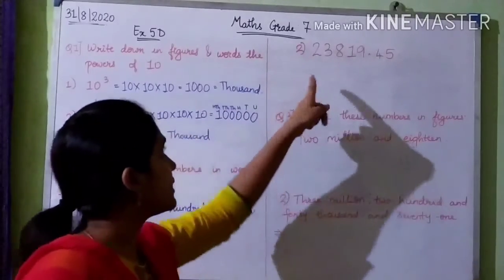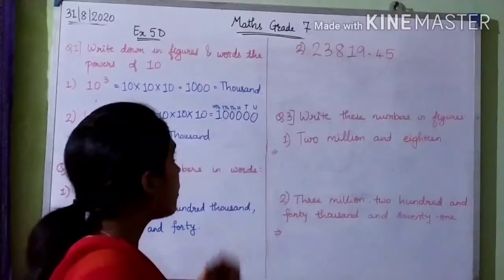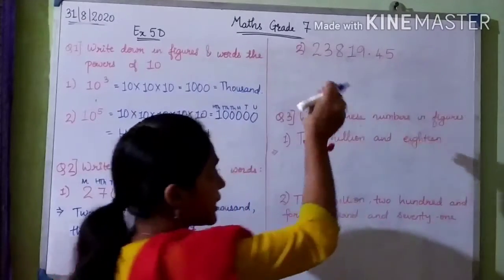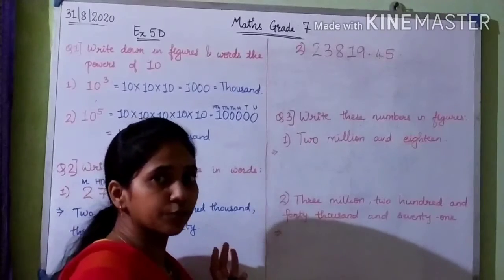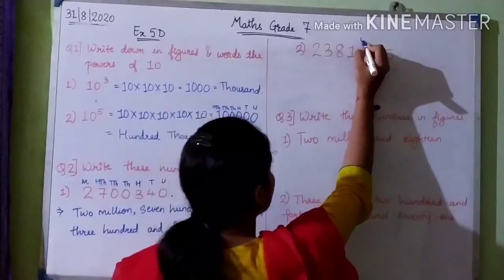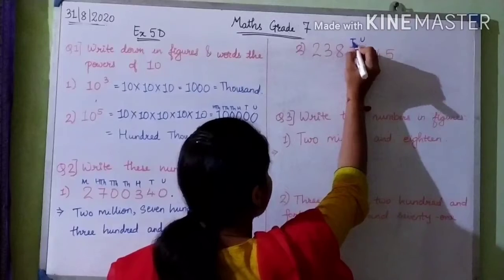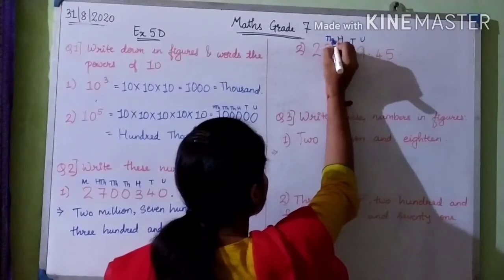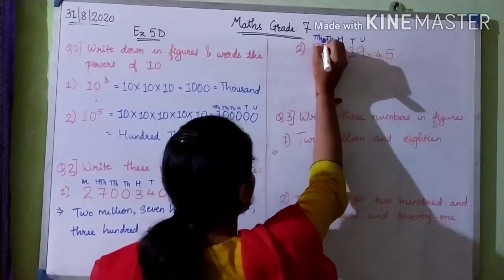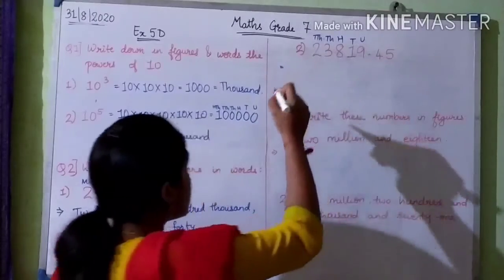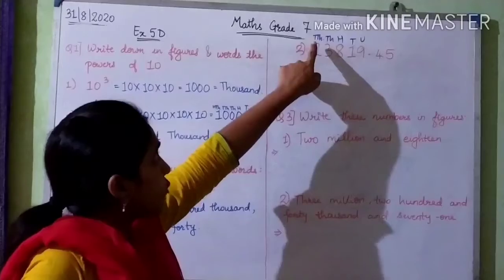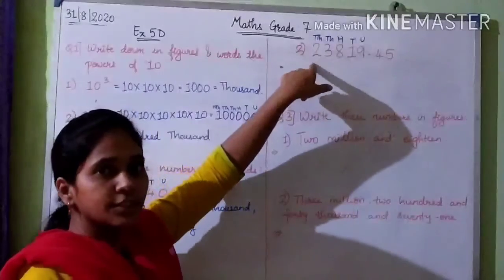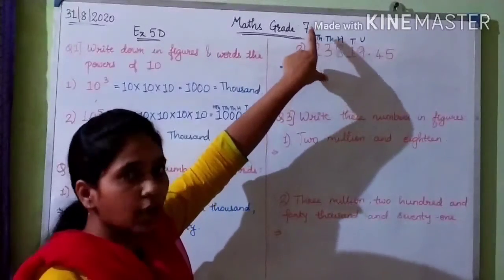The next number you can see is a decimal number. So how do I write this? Starting from the decimal point, we first write the place values of all the digits which are there towards the left. So this is units, tens, hundreds, thousands and 10,000. Starting from the first digit, it is 2 and it is in 10,000s place.